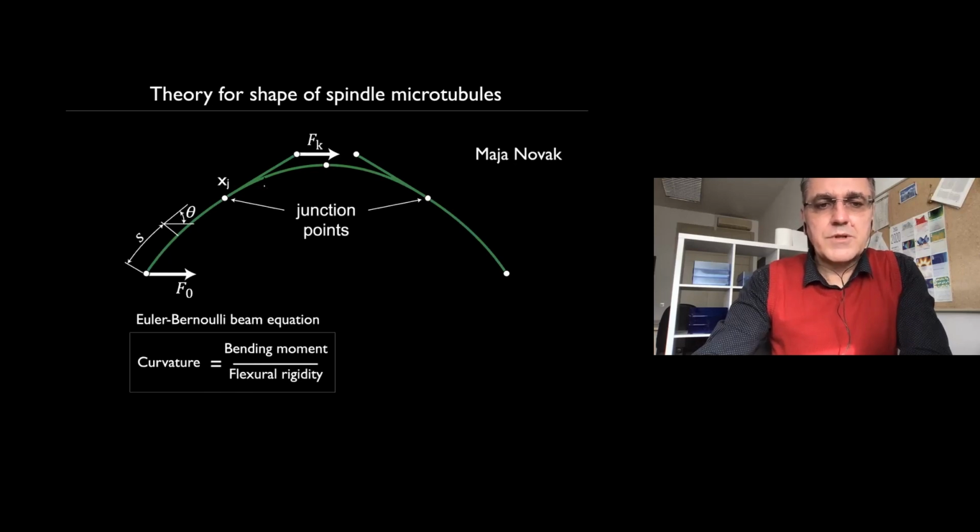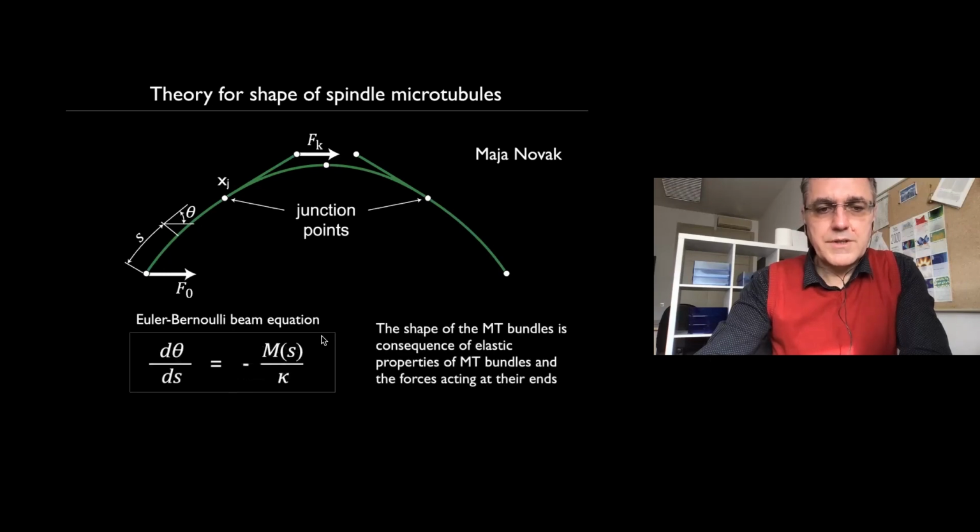So if we have some rotational forces acting on an elastic object, these rotational forces will bend that object, and it will attain some curved shape. The relationship describes curvature, bending moments, and this bending rigidity, as I already mentioned.